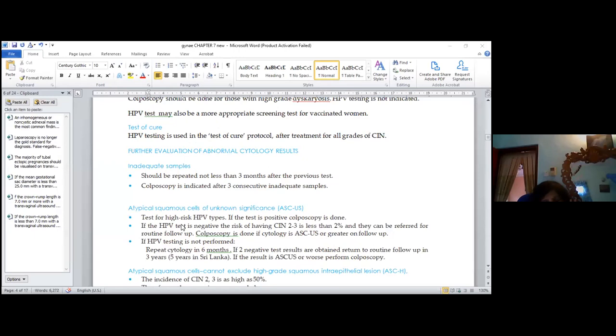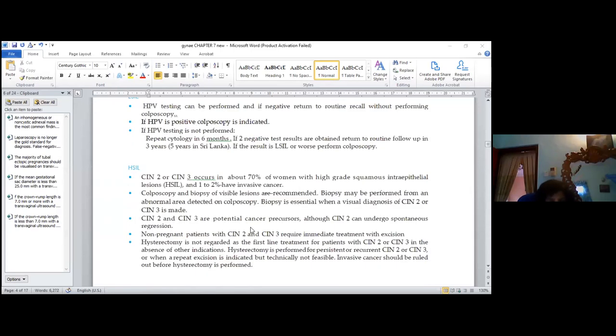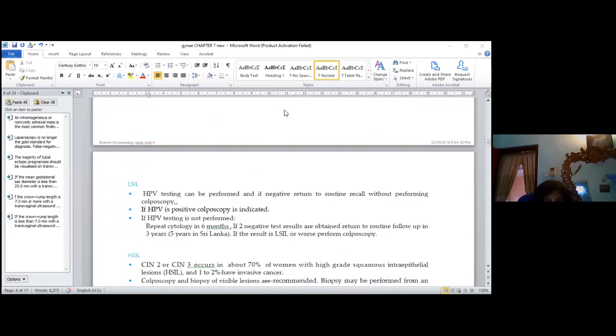So you can listen to this again, and if there's a slight adjustment, you can make it in your book. It's so simple, it's not difficult. To think it's difficult, it's not difficult at all.